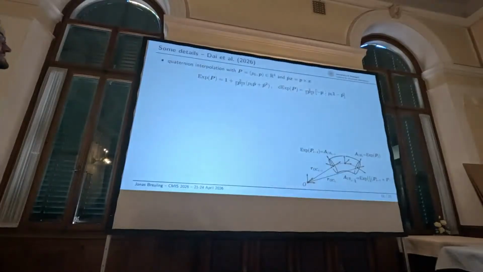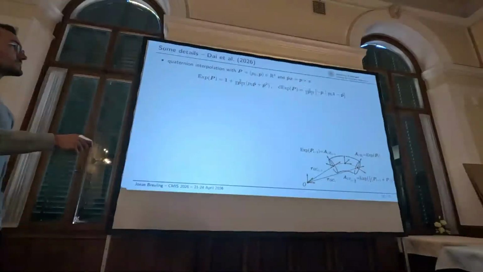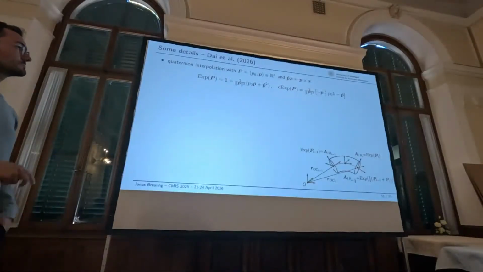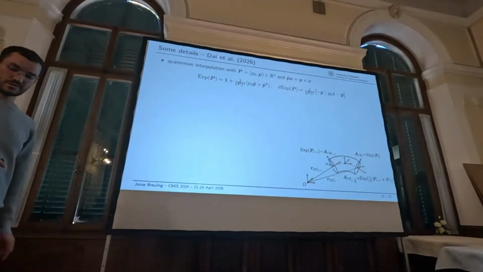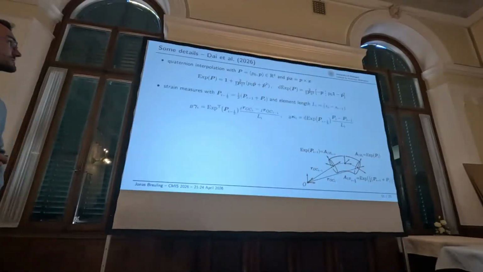And I also prepared some details, which I hope to get published with a colleague soon. You need some quaternion stuff here, so the mapping from the quaternion to the orthogonal group, the differential in matrix form. Ignore the terms if you do not know them. They are just appearing in the strain measures.